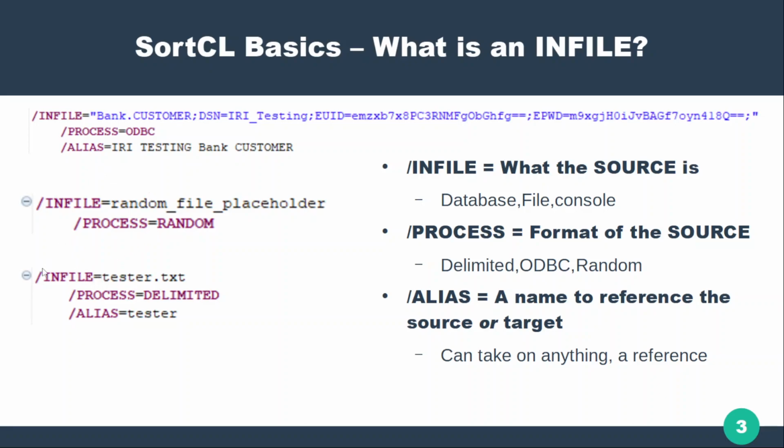Moving on, we have this /INFILE, which is a tester.txt and process of delimited. Again, which is going to reference along with the INFILE right here, saying that it is going to be a text file. And we have an alias on the database example with a name we gave it, and an alias on the text file example with another different name.